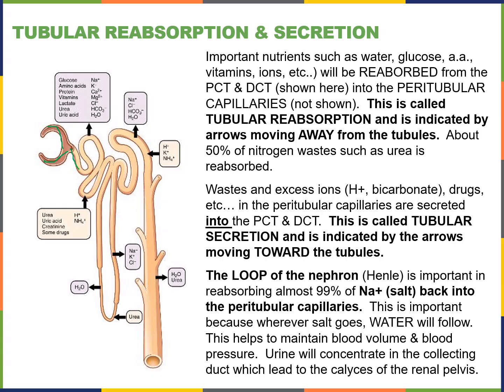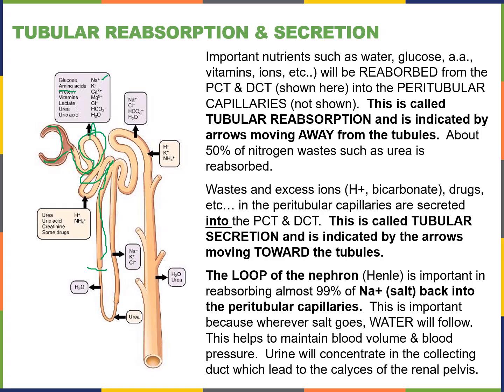And this first part here is the proximal convoluted tubule, obviously, going all the way down to, again, there, which would be where the loop of Henle starts. This list here has protein in it, and that is wrong. Protein is not part of filtrate, which I think is what this arrow is trying to tell you, that these substances can be moved out of the proximal convoluted tubule and moved back into blood.